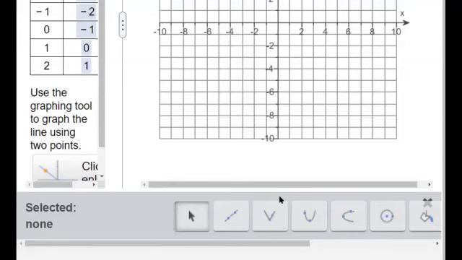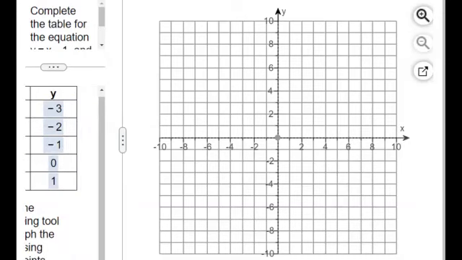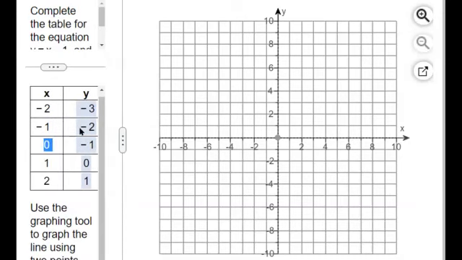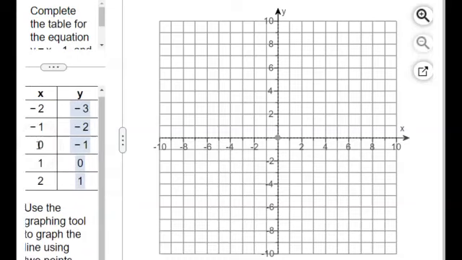So the little toolbar comes up down here at the bottom, and I need to pick the line tool. And now I'm ready to select 2 points on this line. I will use the ones that are called the intercepts. The intercepts are the ones that have a 0 in one of the positions.